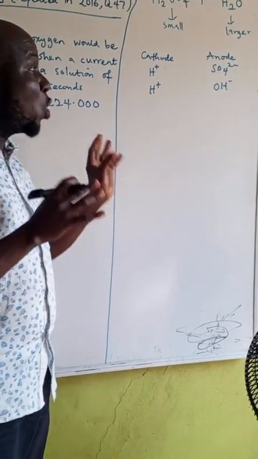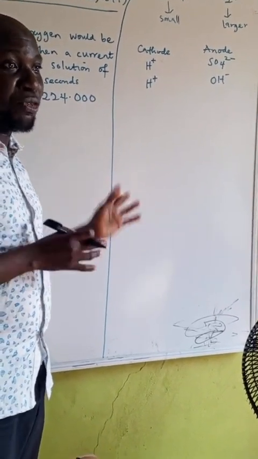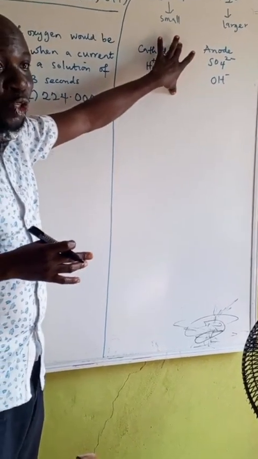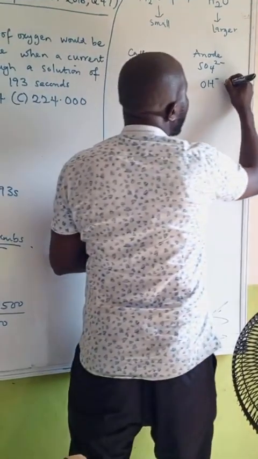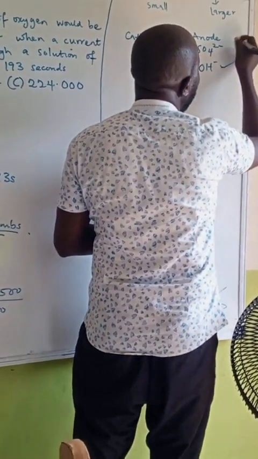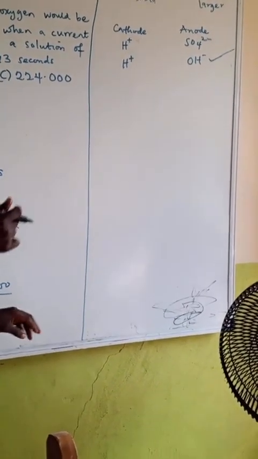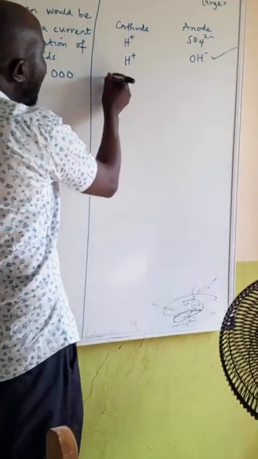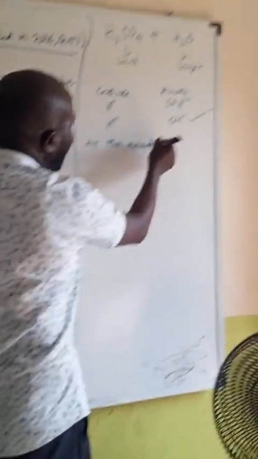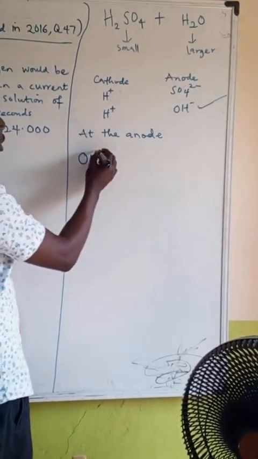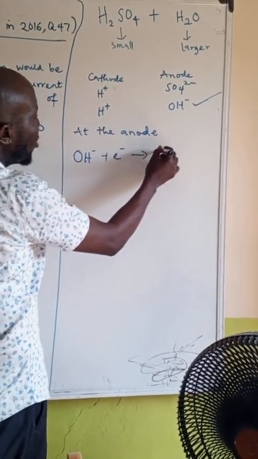If you know how to use that code, which I'm going to be explaining in one of our subsequent videos, hydroxide will be preferred ahead of SO4 2 minus. Are you getting it now? So now, at the anode, OH minus plus 1 electron will give us OH.